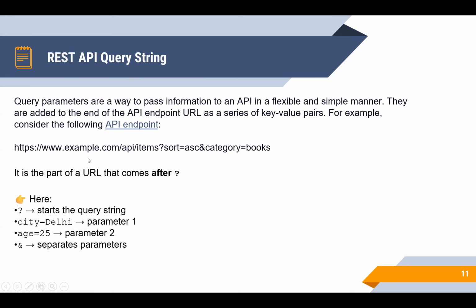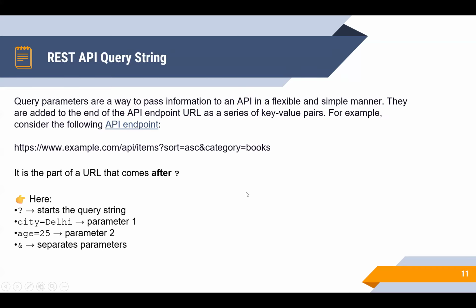The meaning of this is, for example, this is your REST API URL. पहले definition पढ़ते हैं एक बार. Query parameters are a way to pass information to an API in a flexible and simple manner. They are added to the end of the API endpoint.